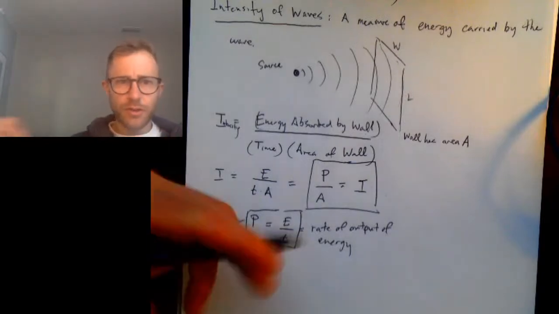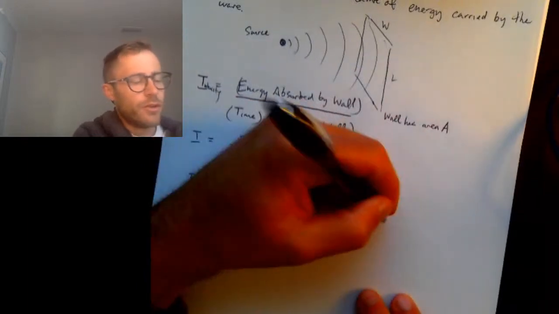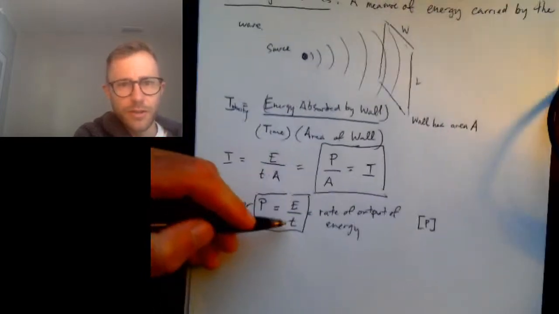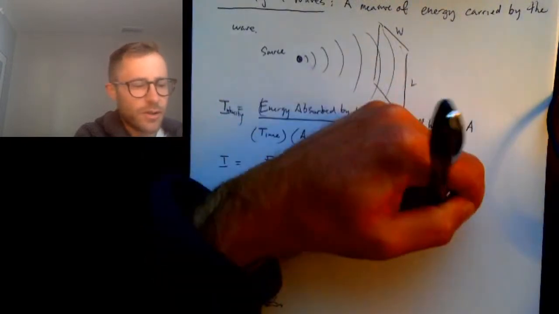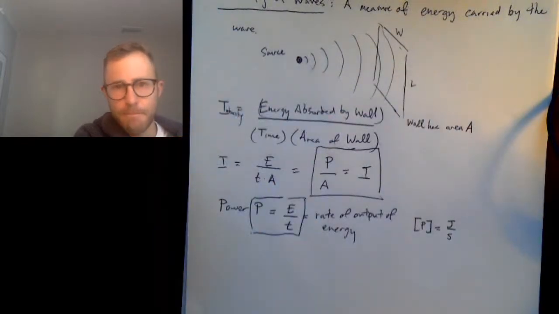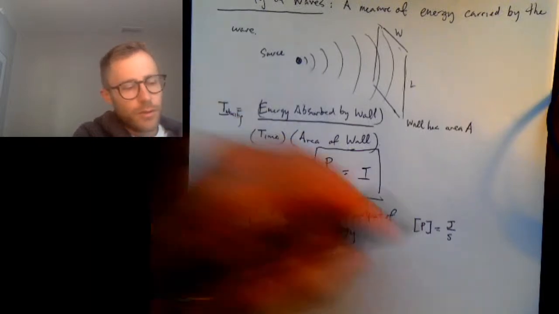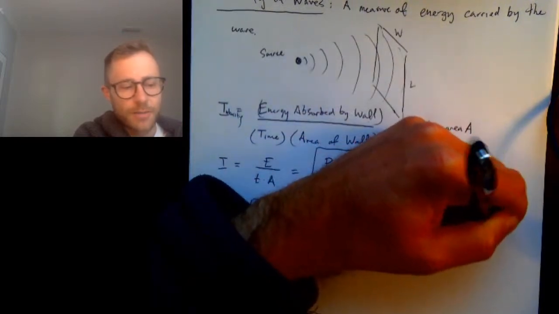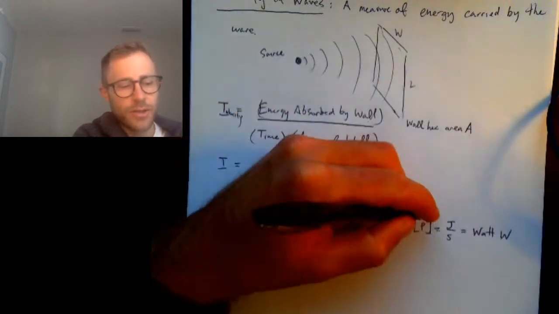So let's figure out the units of these quantities. The units of power: well, power is an energy divided by a time. Energy is measured in joules. Time is measured in seconds. So power is measured in joules per second. 1 joule per second is also known as the watt, W. So power is measured in watts.